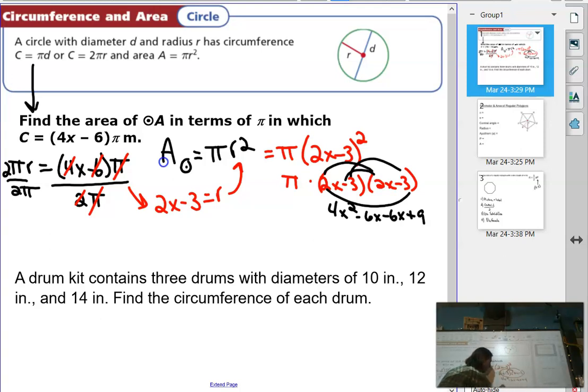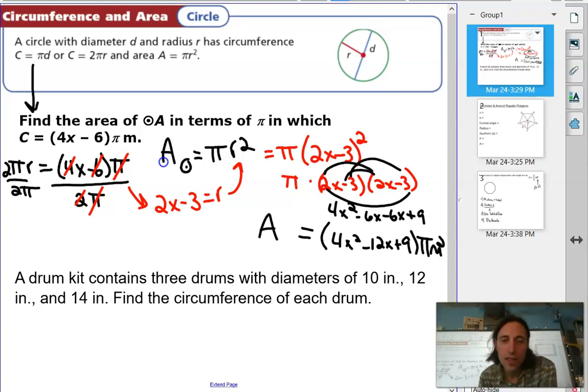We get 4x squared minus 12x plus 9, times pi, and that would be meters squared. That's the area of that circle. That is a big, ugly problem, but that's some of the problems you're going to have to start facing. The next problem is much more simple and straightforward if you can identify what it's asking.